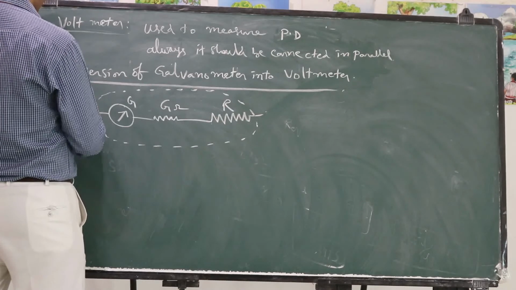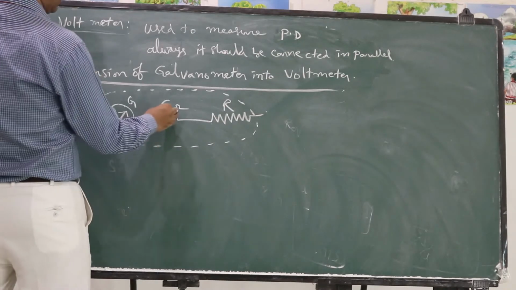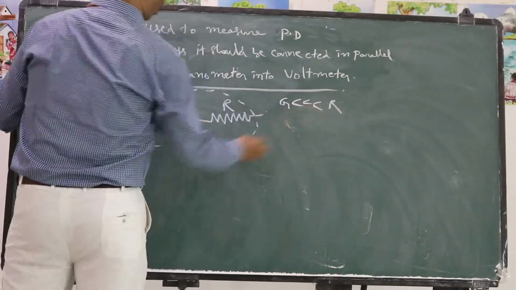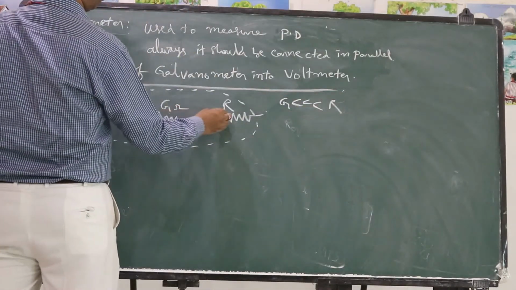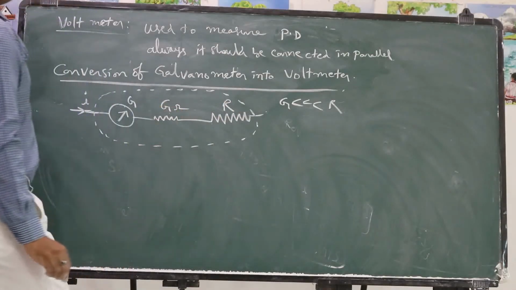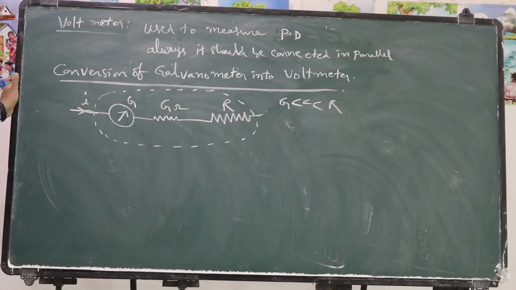If I is the strength of current passing through this, as the resistance G is very small when compared to R, maximum potential drop is observed at R, a small potential drop is observed at G. So connection of a heavy resistance in series to a galvanometer will act as voltmeter.